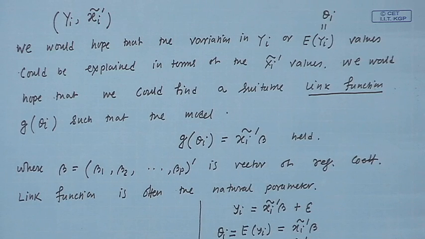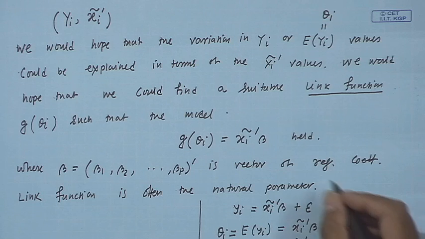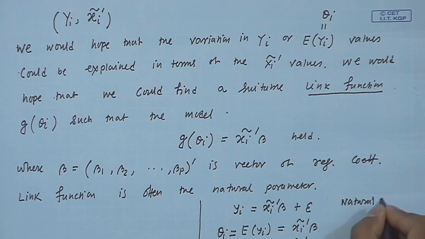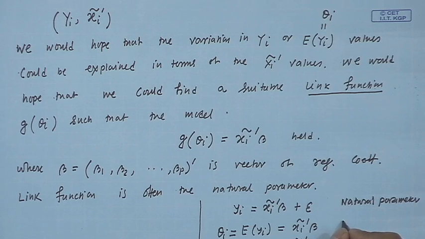Now, I hope you can recall that the normal distribution is also in the exponential family, and the natural parameter for the normal distribution is theta, suppose theta is the mean.